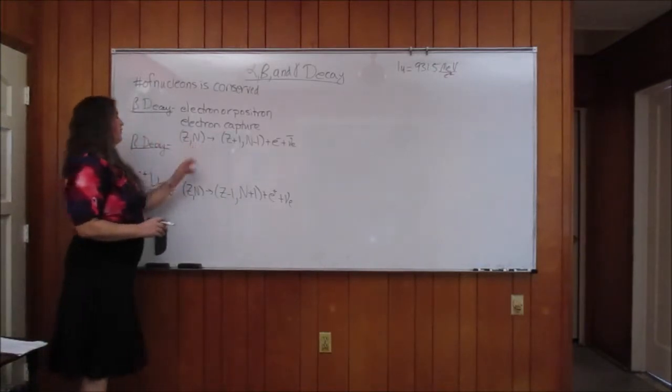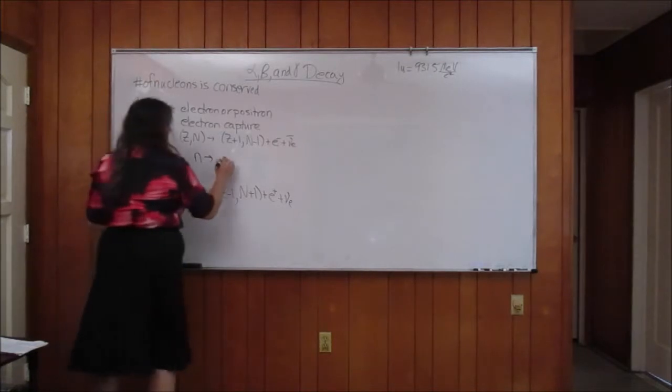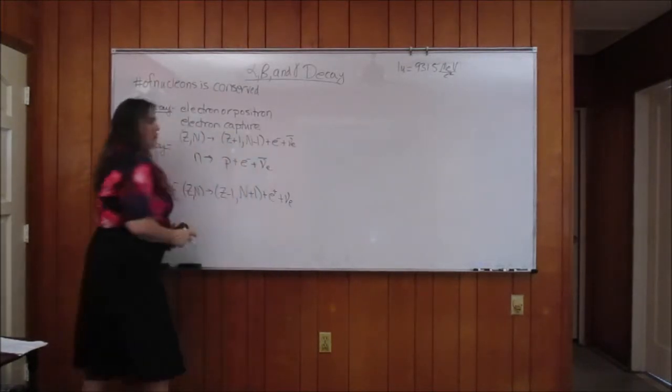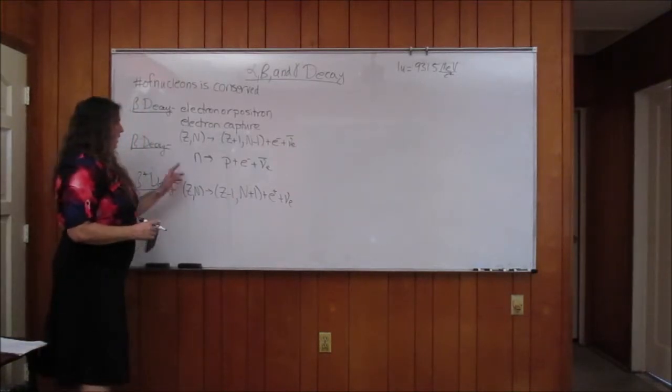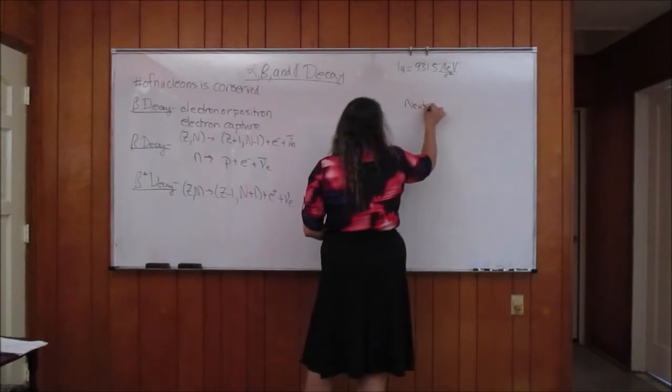The very simplest kind of beta decay, beta minus decay, would be that of a neutron that decays into a proton and an electron and, of course, an antineutrino. Neutrons are unstable outside of a nucleus.